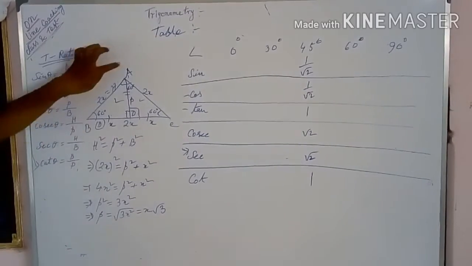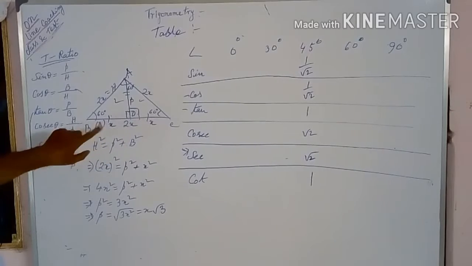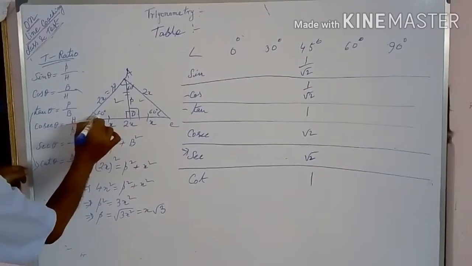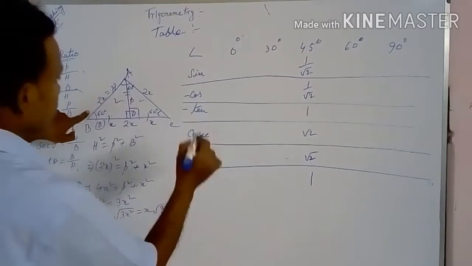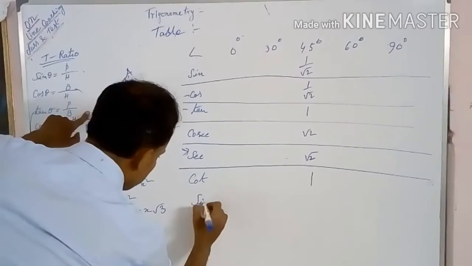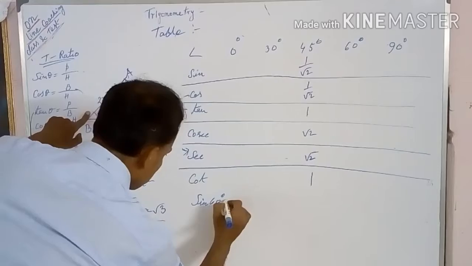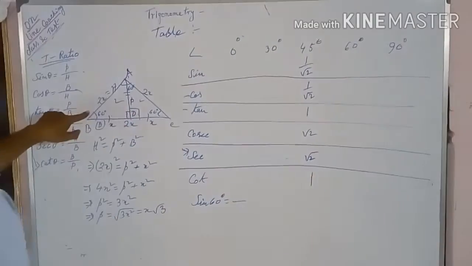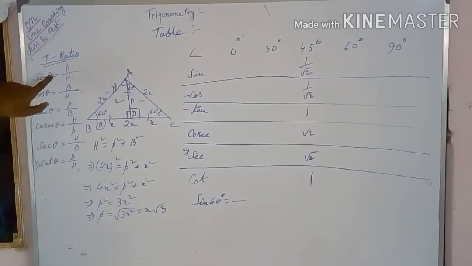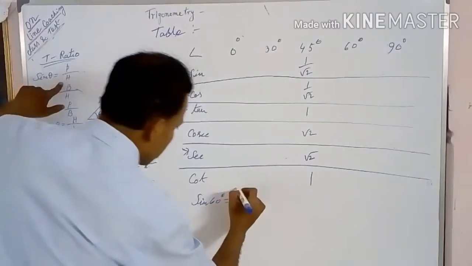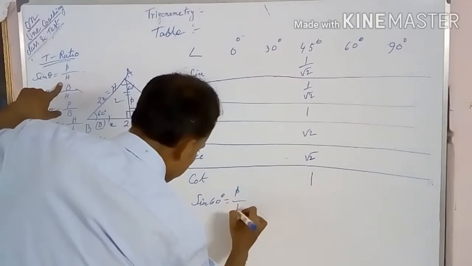For the triangle ABD, we will take angle theta equal to 60 degree. Now take the value of sin 60 degree. Sin theta is equal to perpendicular by hypotenuse.